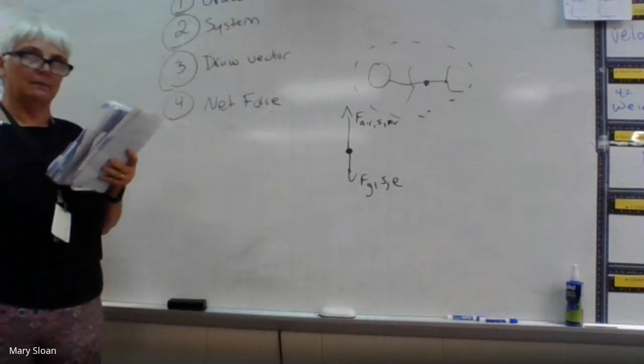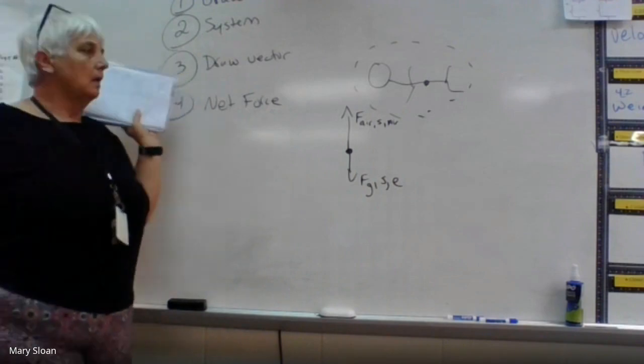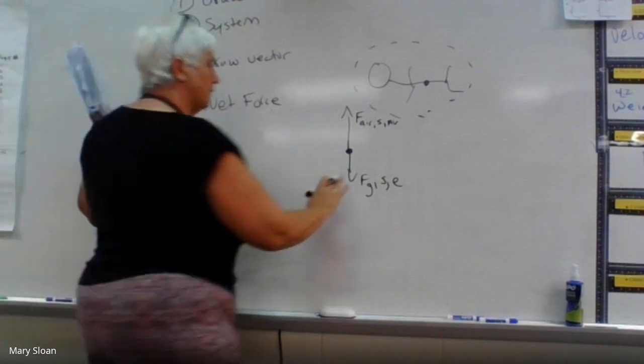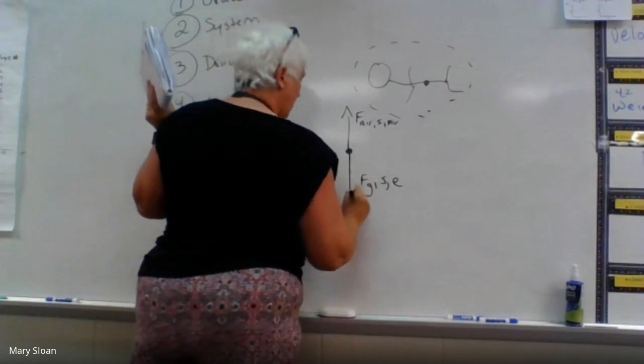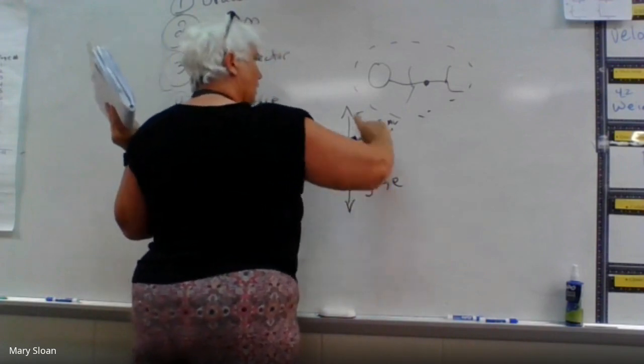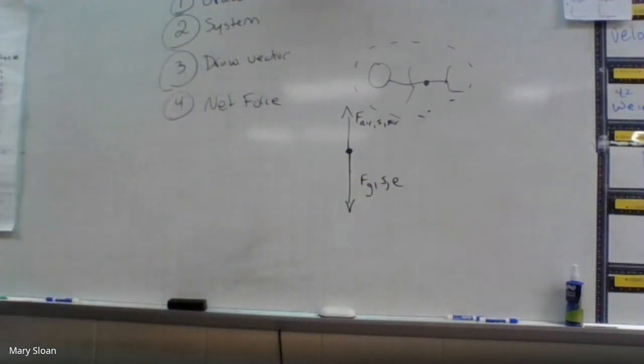Anything else that we need? Now, the question that I have for you is, your arrow going down for gravity, is it longer than the air force? Yes, because he's falling, right? So if it was a balanced force, what would we do? We would draw an arrow, and then we would draw a line in between those, right? But we don't.